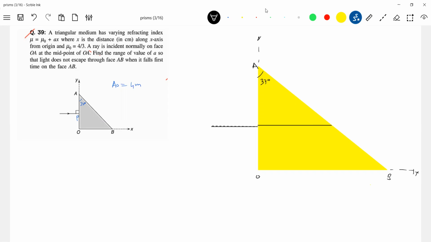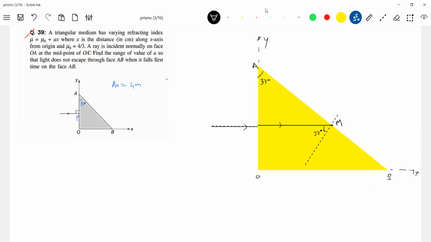He has given a coordinate system. Let O be the origin. Let this be M. Here this will be the normal. As this is 37, this should be 37. So what is our question? Find the range of values of A so that light does not escape through the face AB.